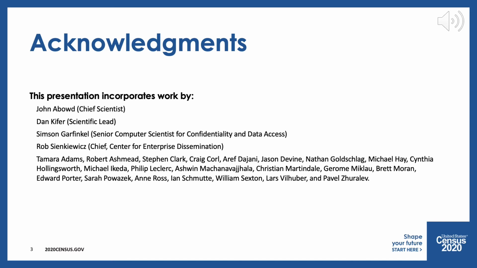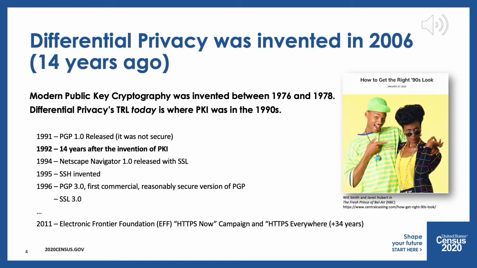So it's important to remember that differential privacy was invented in 2006, and that was 14 years ago. Now, 14 years seems like a long time, but it's not a long time since a fundamental scientific invention.